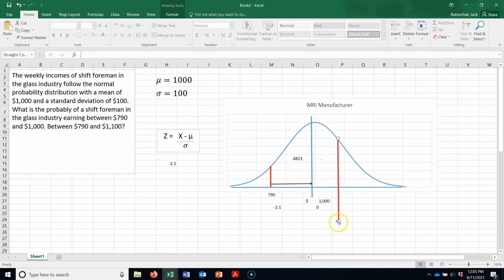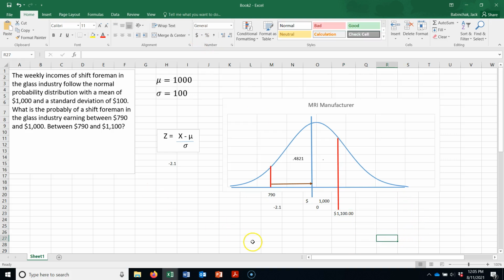That's probably about there. 1,100 is one standard deviation above the mean, exactly, right? If it was 101, I couldn't use it. If it was 102, I couldn't use it. But it's 1,100, and with 100 being the standard deviation, I know that this is exactly one standard deviation above the mean, right? Does everybody see that?